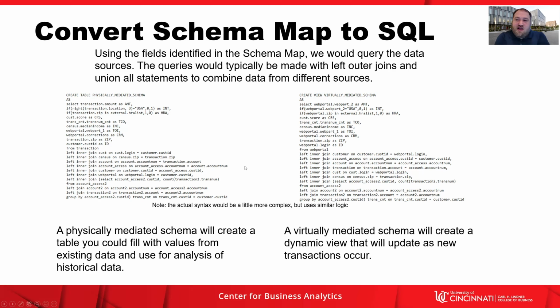The reason is that a left join query mathematically keeps the grain of the query the exact same. So one row will still represent one transaction, and you can left join anything to that transaction, and as long as it's a left join, one row will still always represent a transaction when you're done. And so the idea is you can create a large scale query that will adhere to the exact same grain for the mediated schema.